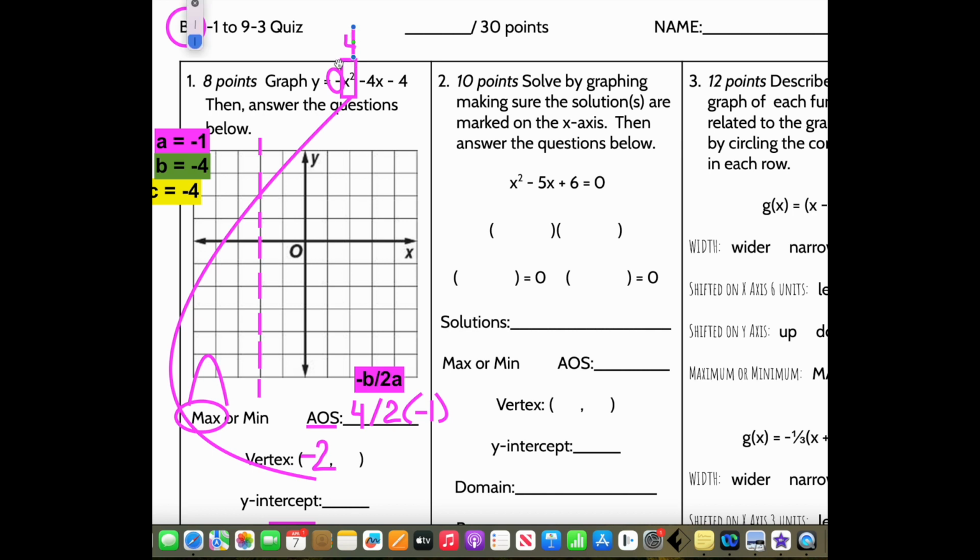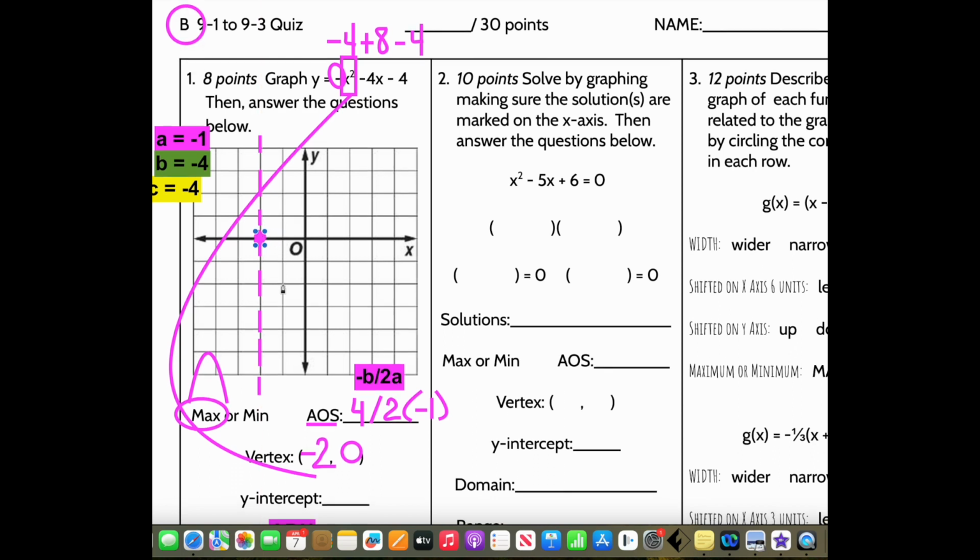And then that negative sign out front is the opposite of that, or -1 times the 4, which is -4, minus 4 times -2, which turns into plus 4 times 2, which is 8, and then minus 4. So -4 plus 8 is 4, and 4 minus 4 is 0. So -2, 0 is our vertex for number 1.